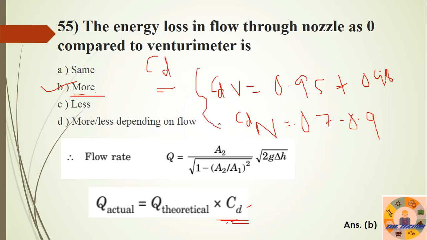So from this value we can say that the energy loss in flow through nozzle as compared to Venturimeter is more, because in Venturimeter the actual flow rate will be higher than the nozzle.